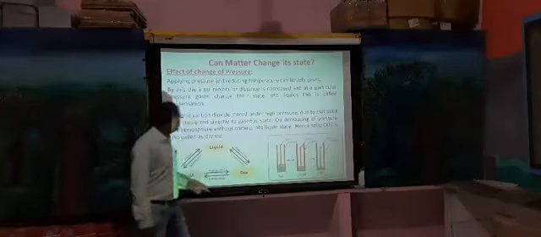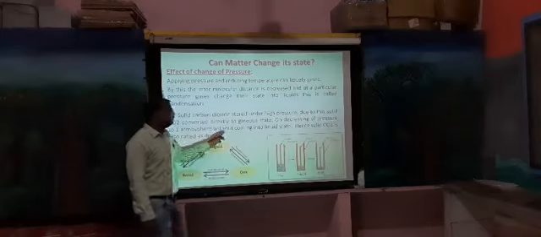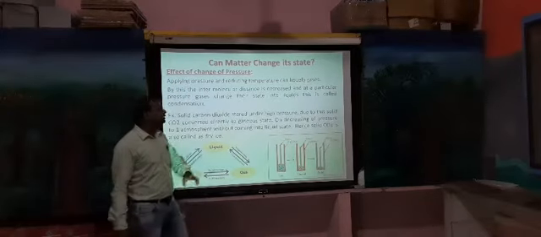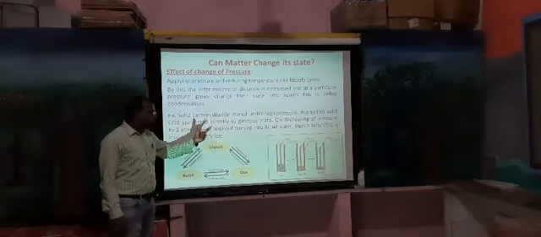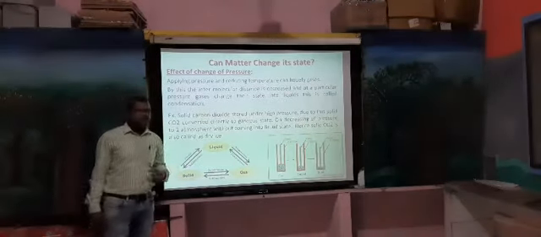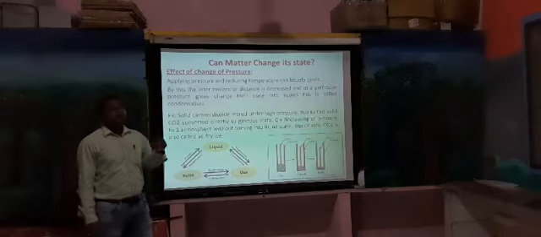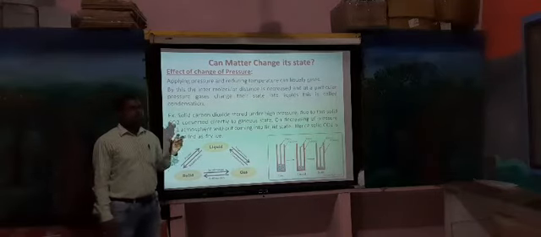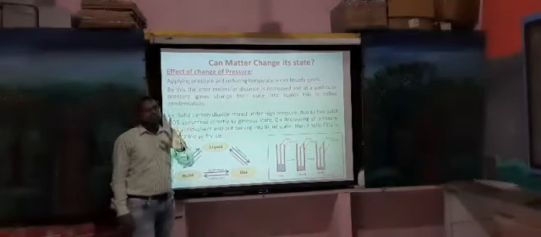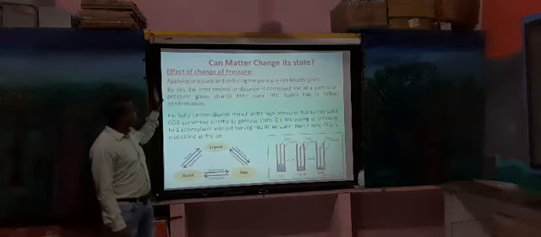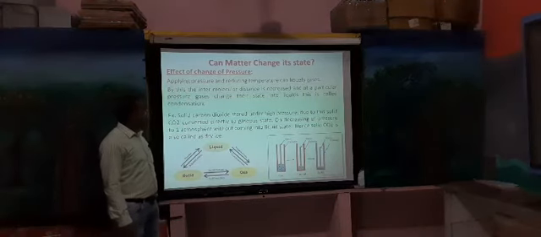On decreasing the pressure to 1 atmosphere, without coming into the liquid state, the solid carbon dioxide is called dry ice. So it gets converted into the gaseous state. This is also one of the effects of pressure.